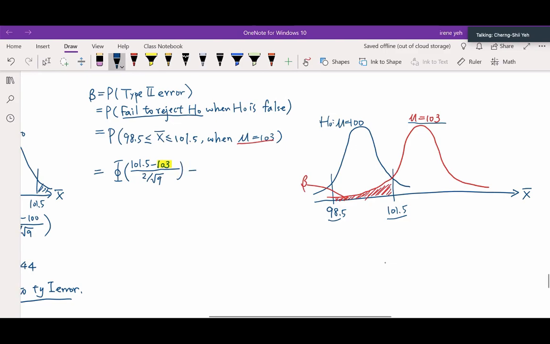Subtract, since we're deriving a probability in a range, in an area. So I'm going to derive the cumulative probability to 101.5, subtract the cumulative probability to 98.5. And then I'm going to standardize it. Population mean in the red distribution is 103. Okay, 2 divided by square root of 9.